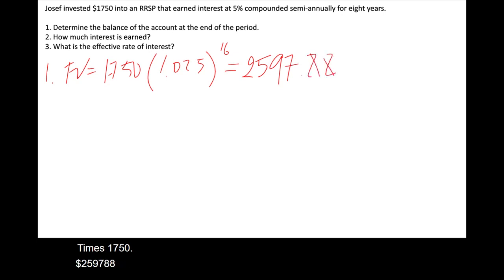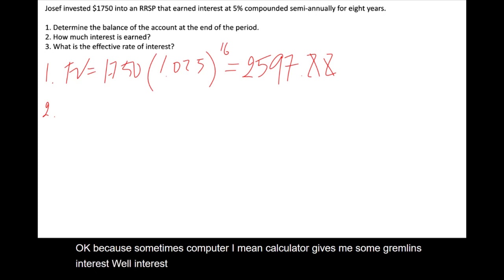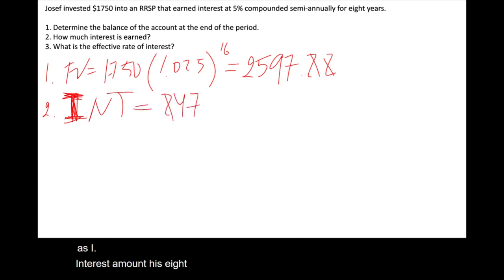You guys have the same answer? I'll double check, because sometimes calculator gives me some gremlins. Interest. Well, interest is 800 interest, that's I. Interest amount is $847.88.